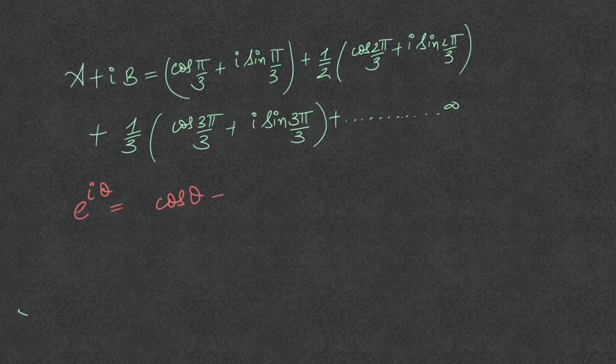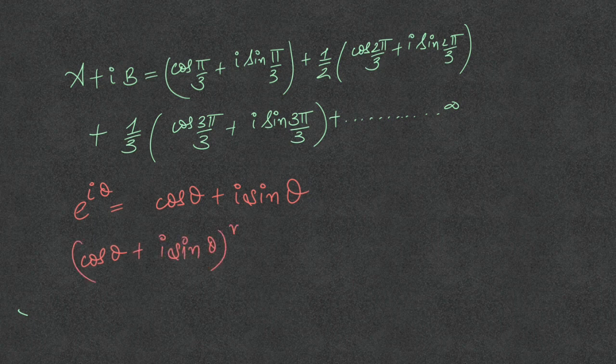Cos of theta plus iota sine theta, the whole raised to power n, becomes cos of n theta plus iota sine of n theta using de Moivre's theorem.